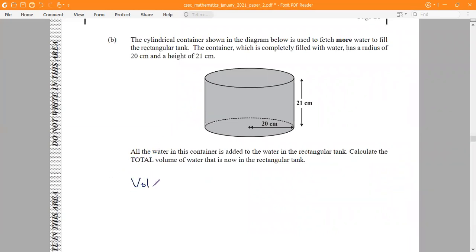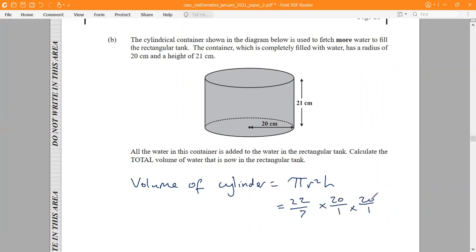So the volume of a cylinder is pi r squared h. Pi is given as 22/7 in this question, and the radius is 20 centimeters. 20 times 20 times the height of 21.